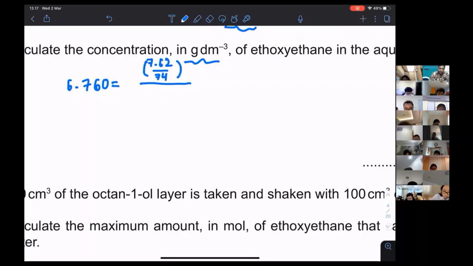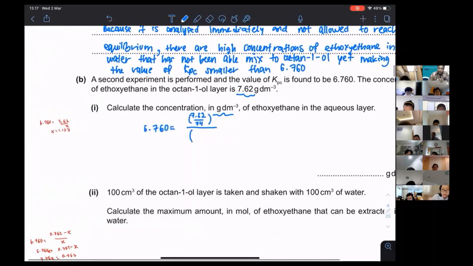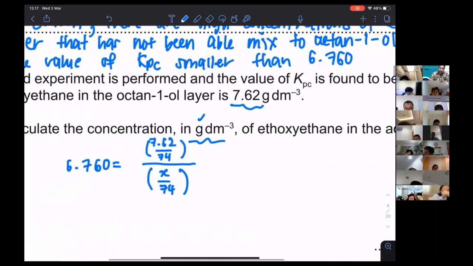And then for the ethoxyethane in the aqueous layer, we want to find out what is in gram, so let's focus on how many gram, X. Same, mole per dm cube, so you always divide by 74 also. You change it into mole. Now, why I said that is not important is because 74 and 74 will cancel.